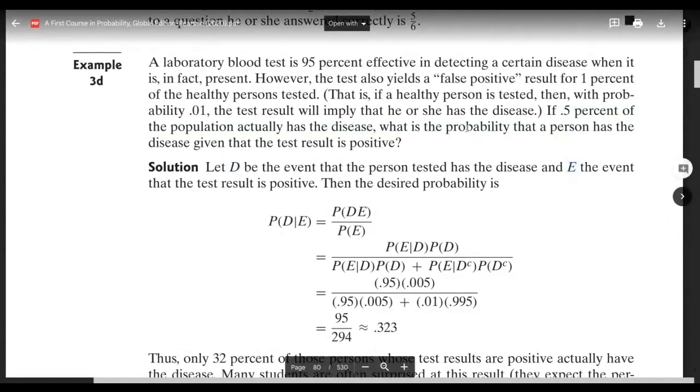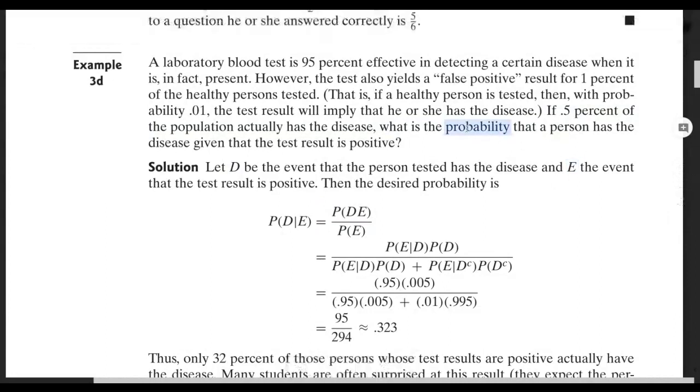So we want to find the probability that a person has the disease given that the test result is positive. D happens after E already happened. So the formula is the probability of the intersection of those two divided by the probability of a positive test result.